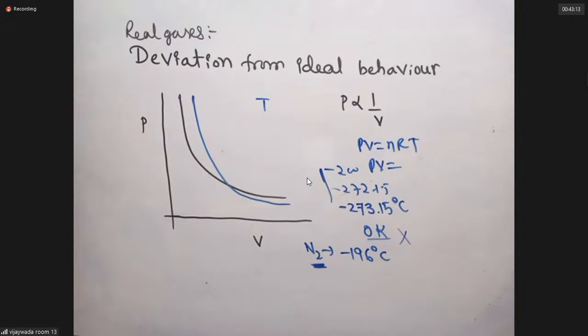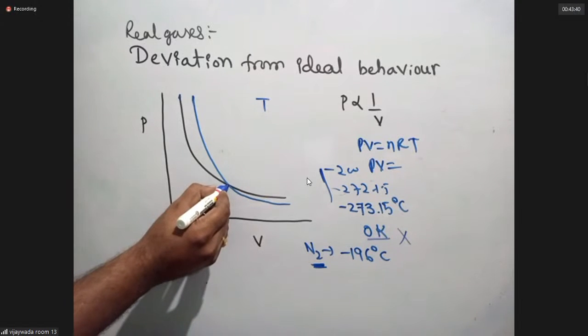So based on many results, Van der Waals said there is no ideal gas. Ideal gas is a hypothetical gas. No gas obeys ideal gas conditions at all temperatures and all pressures.